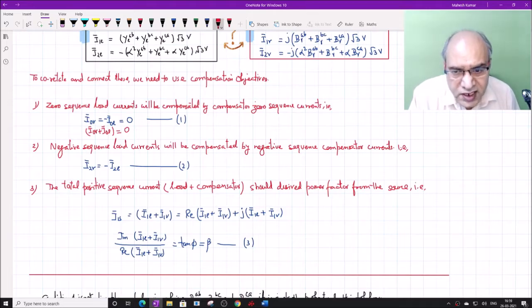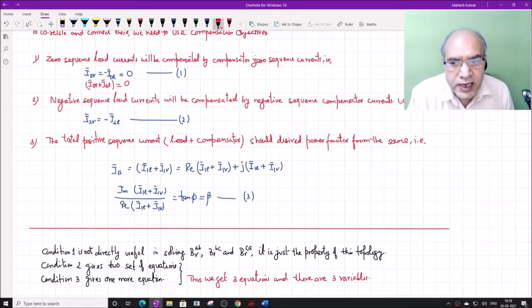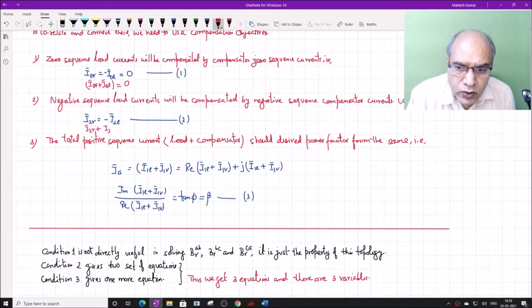The second condition is that the negative sequence current of the compensator must be equal to the negative of the negative sequence load current. In other words, the total or net negative sequence current, that is I2 gamma plus I2L, together must be equal to 0.